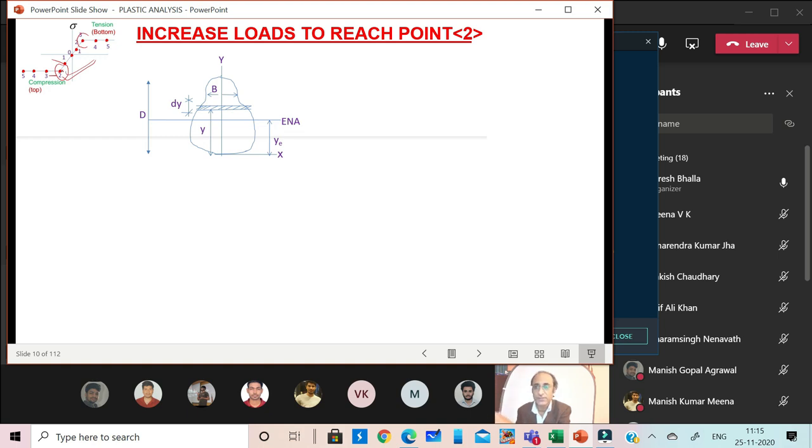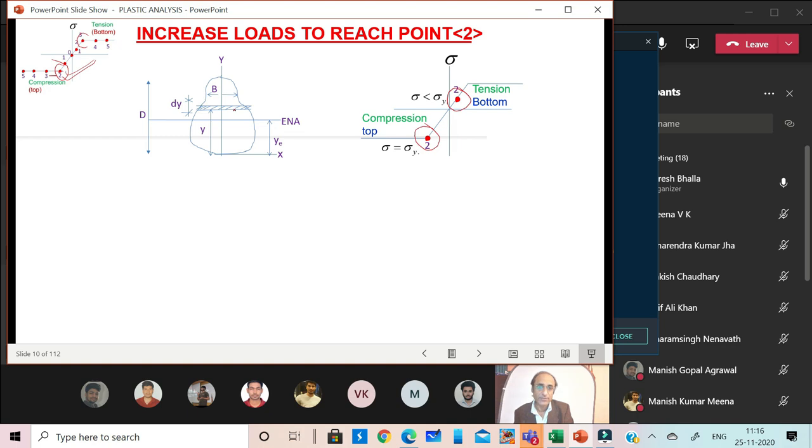So when we are increasing the stresses, at the top we'll encounter the yield point, and at the bottom we will still not have reached the yield point. The reason is that the section has higher area on the downside, so the neutral axis is a little bit downwards, it's not at the middle.